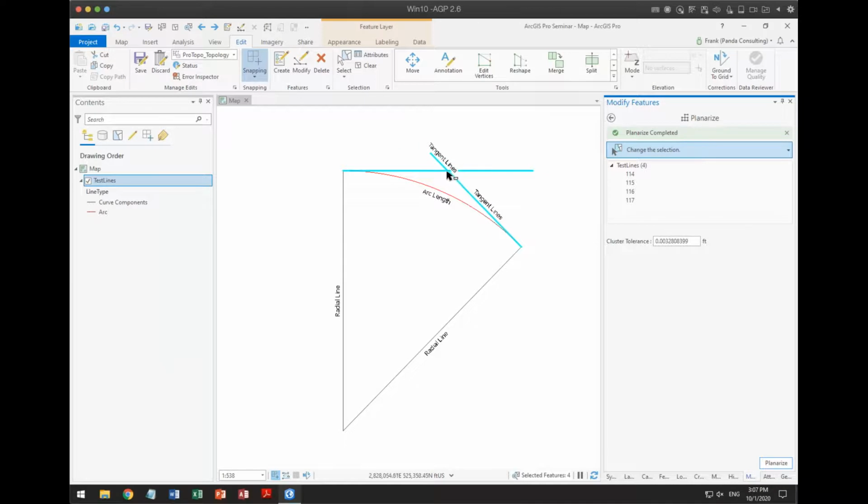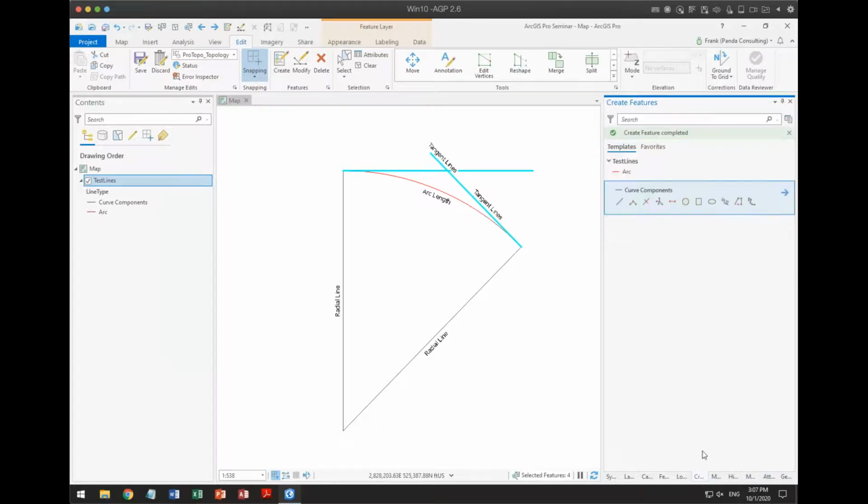The point where these tangent lines intersect is called the point of intersection. It's the intersection between the two tangent lines on here.